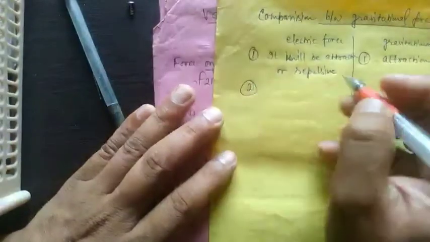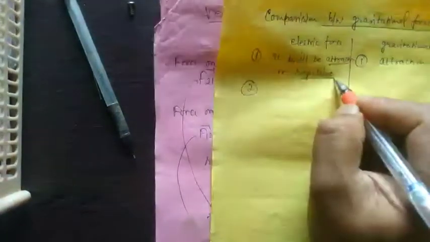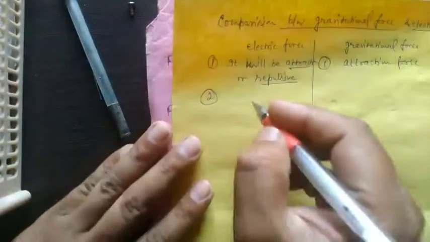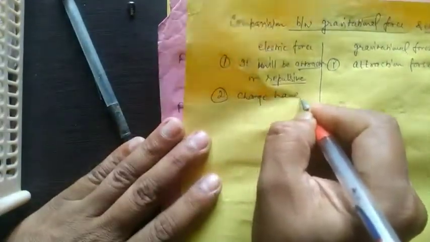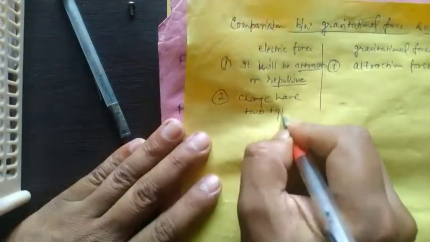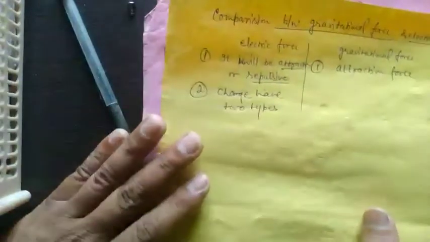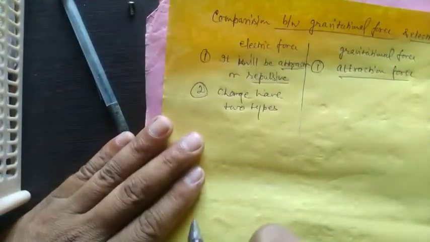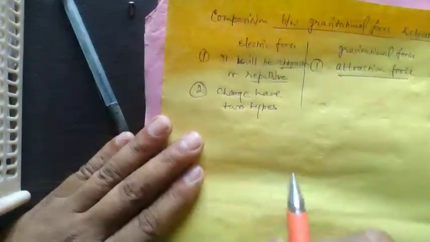On the basis of attraction and repulsion, we have cleared that charge has two types. On the basis of only attraction, mass is always of only one type.